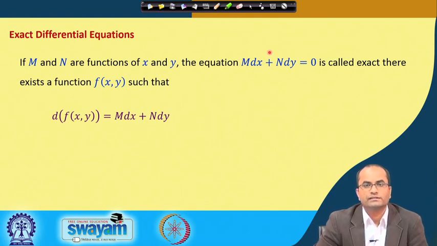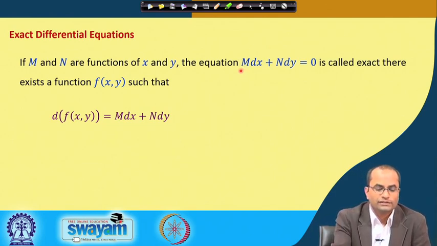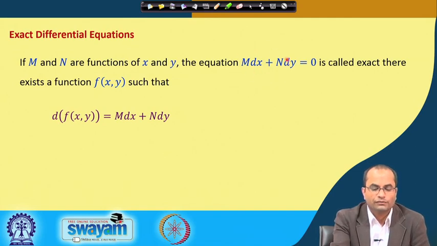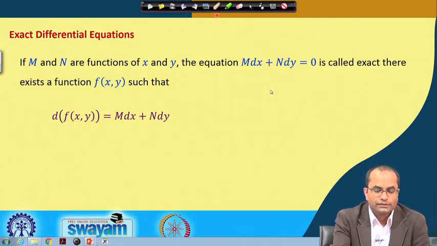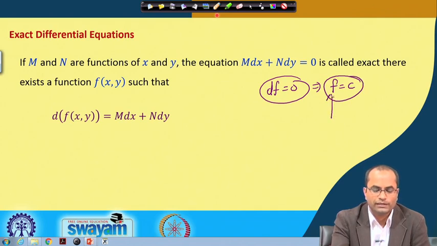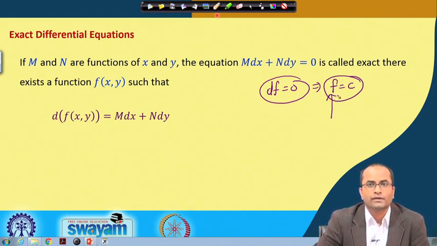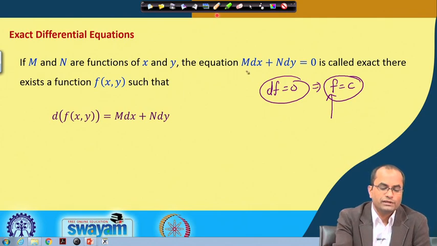Once we find such a function, the integration is very easy, because we have the differential of f equal to 0, and then the solution will be f equal to constant. So, the main job is to find this function f whose differential is exactly the given differential equation.